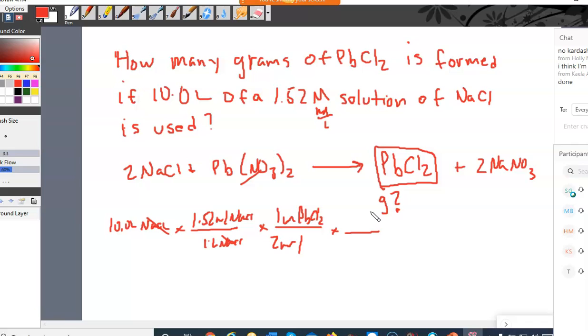Lead is 207.2 plus 71. Or is it Cl3? Cl2. So I get 278.2 grams.